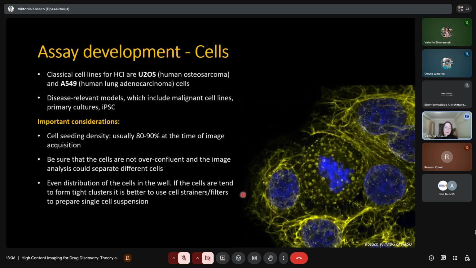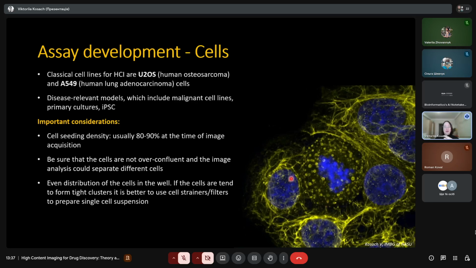Important considerations about cell seeding density, so the number of cells that you put in your plate. Usually it should be 80 to 90% confluency at the time of imaging. However, you should also check at the high confluence level that your cells are not squeezed or very densely packed against each other.